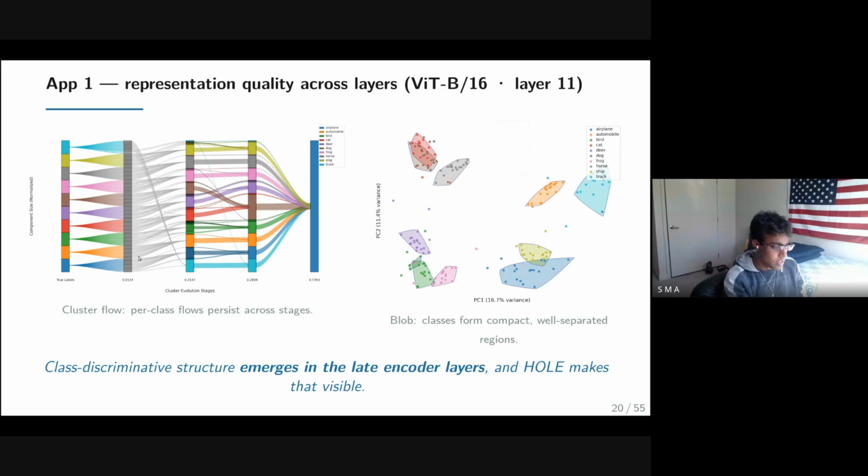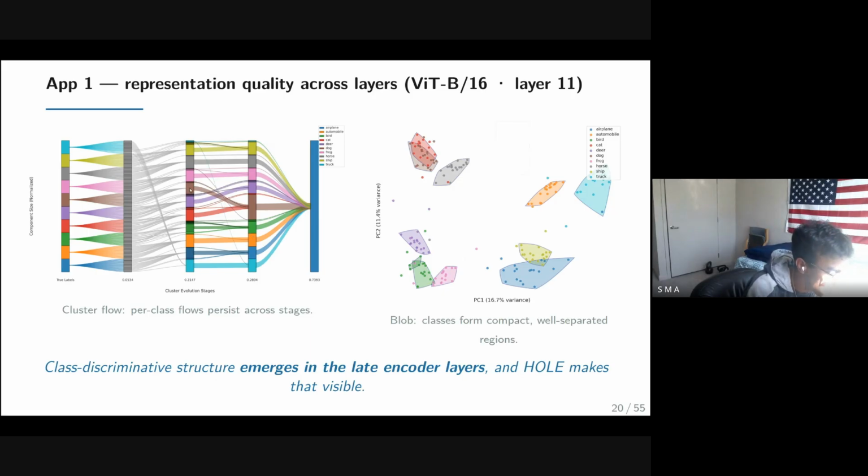You can see that the automobile cluster is almost part of this latent cluster. There are no labels associated with the data points here, but the clusters are still being formed. There might be some outliers like this one here, but it still ends up being part of the same cluster as the filtration progresses.